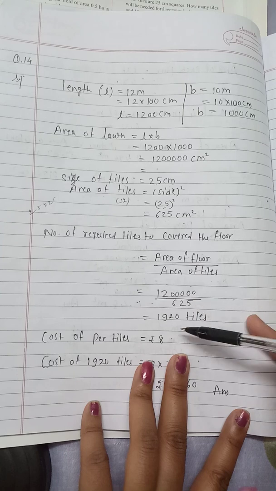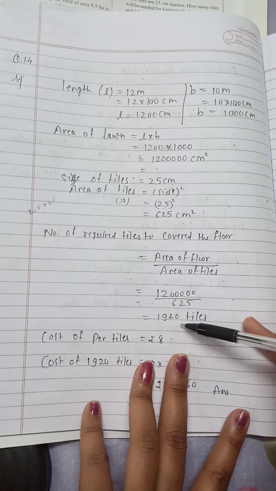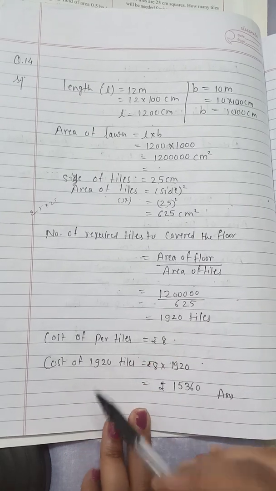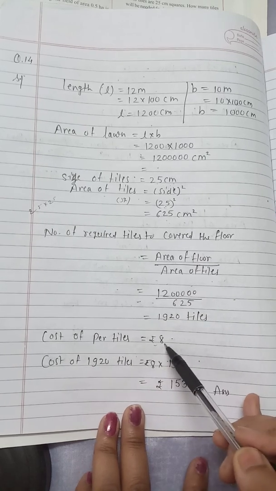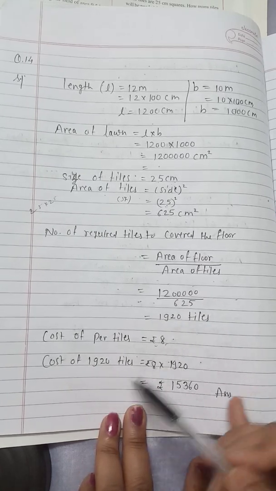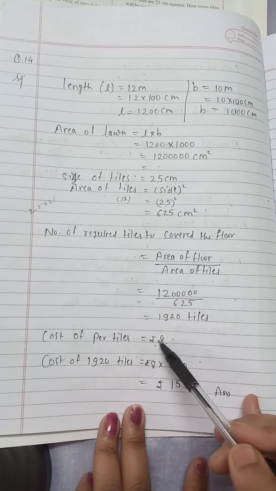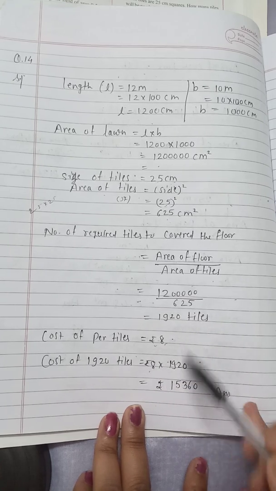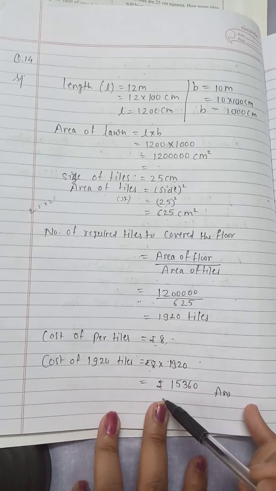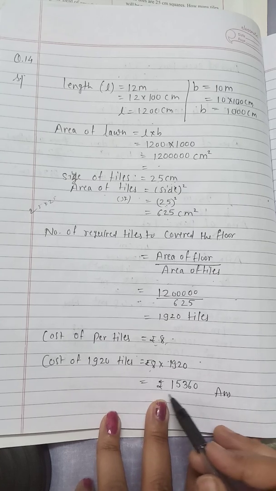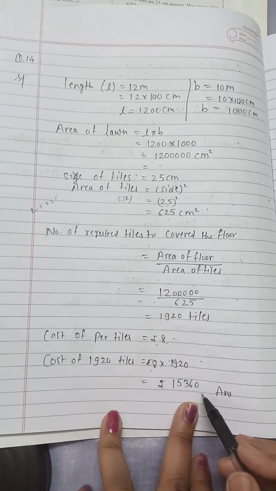Divide this, you will get 1920 tiles. Now cost per tile is given rupees 8. So for the cost of 1920 tiles, we have to multiply rupees 8 into 1920. You will get the cost of 1920 tiles, rupees 15,360. Answer.